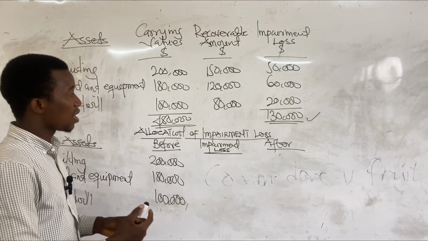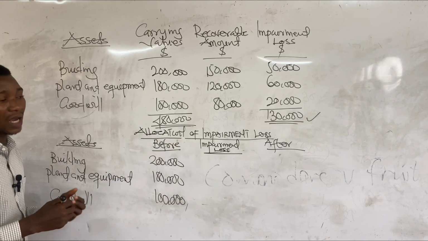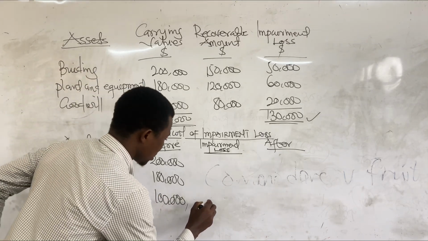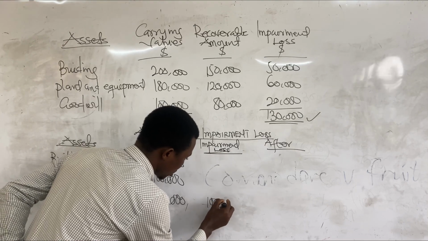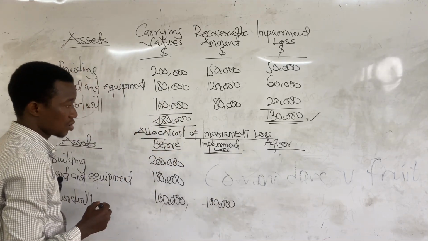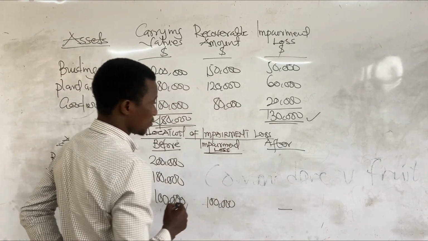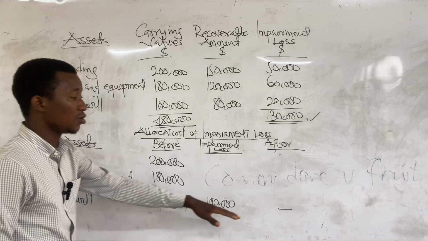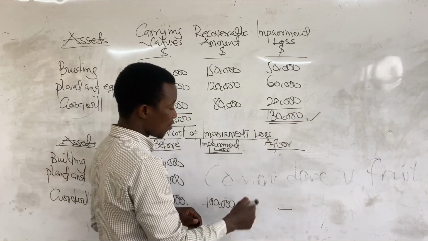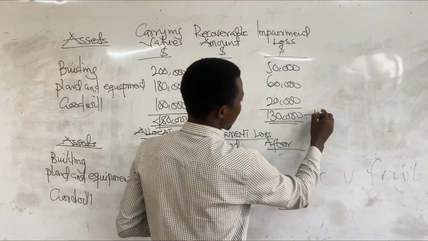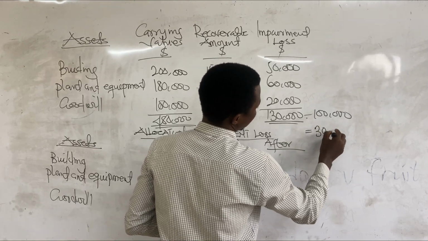So to do that, we have to subtract the impairment loss from the initial carrying value. So we allocate, the total is 130, we allocate the $100,000 to goodwill, so that after allocation, there will be no value for goodwill. If we take out the 100,000 we've already allocated, the remaining is $30,000.